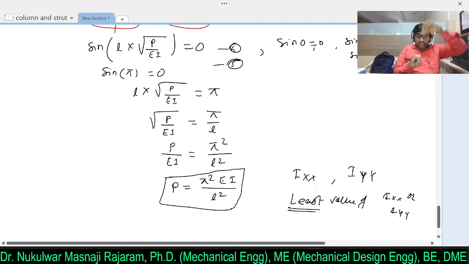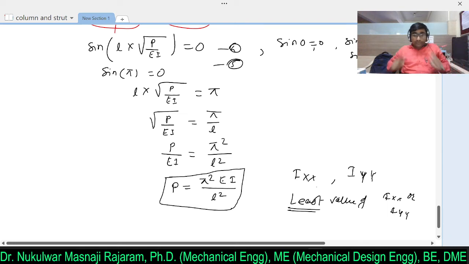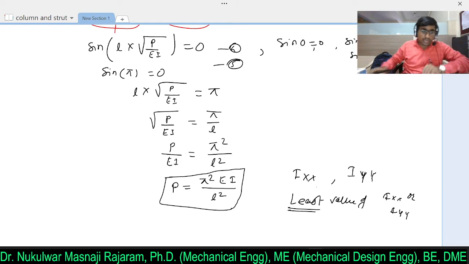Why? If you consider the smallest value of I, then deflection will take place. That's why that I is nothing but the least value between Ixx and Iyy. Simple.